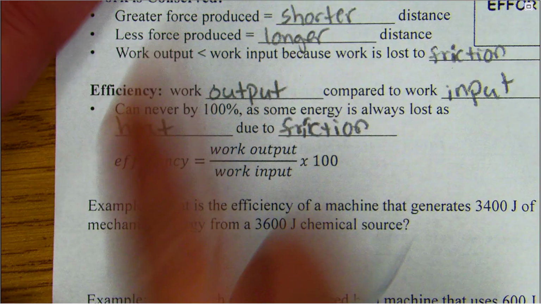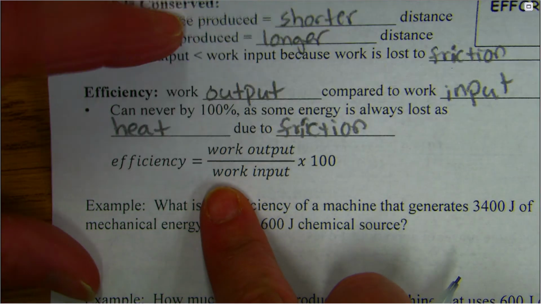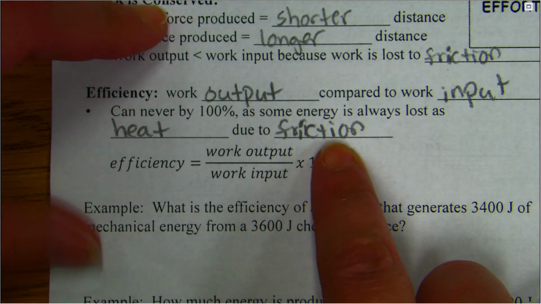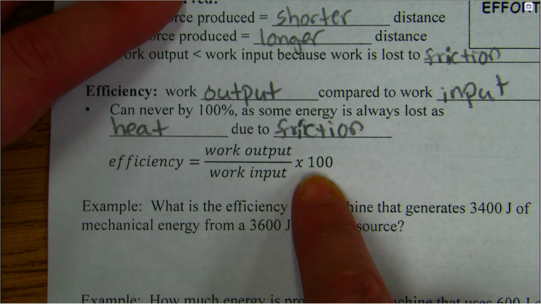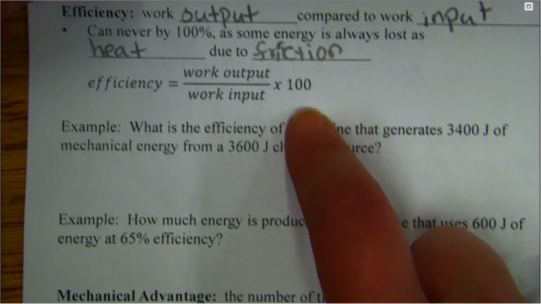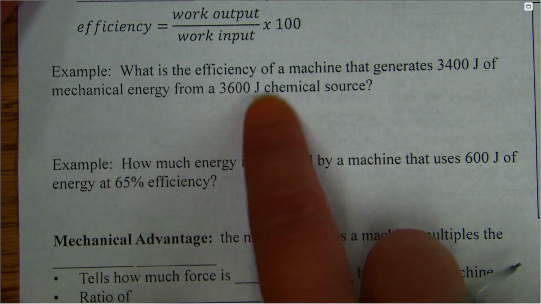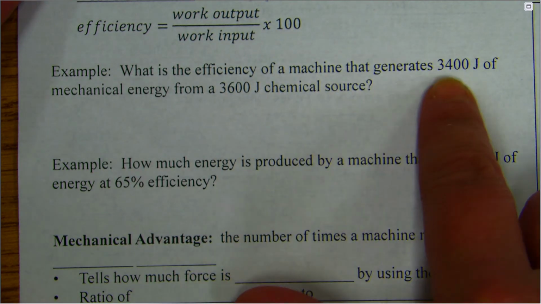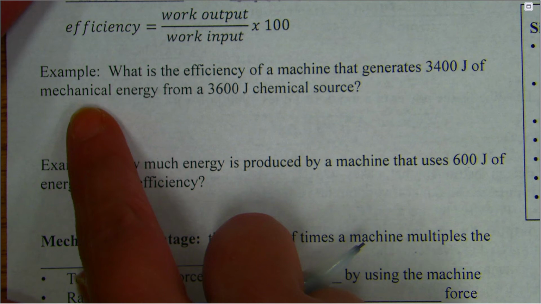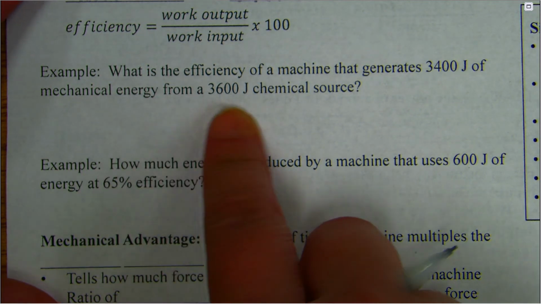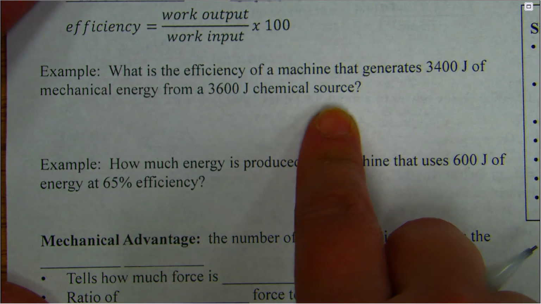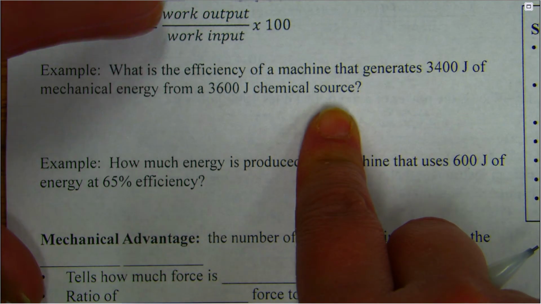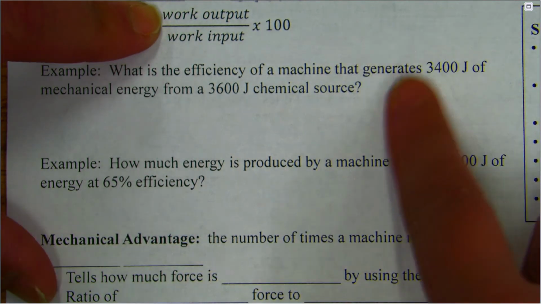But we can calculate the efficiency where we have work output divided by work input, and we multiply it by 100 to make it into a percentage. So what is the efficiency of a machine that generates 3,400 joules of energy from 3,600 joules of a source? So what we get out is 3,400 joules.